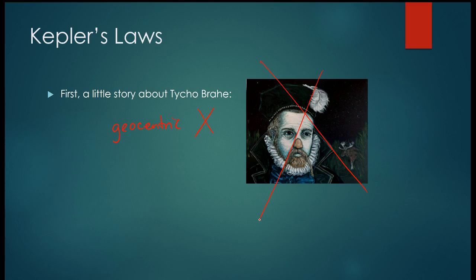Okay, so basically what happened is that he had an assistant by the name of Johannes Kepler, who was very well trained in mathematics. He was brilliant, and he wanted access to this data that Tycho Brahe had, but couldn't have access to it because Tycho was kind of a jerk. So as the story goes, there was a big banquet and Tycho maybe had too much to drink, and for one reason or another, his bladder burst and he died a horrible, painful death.